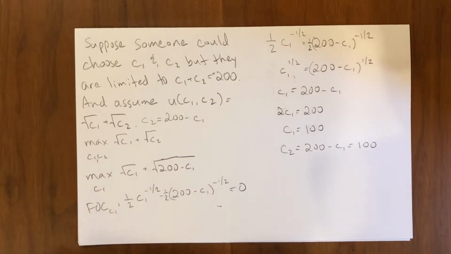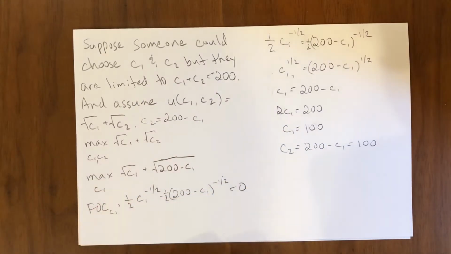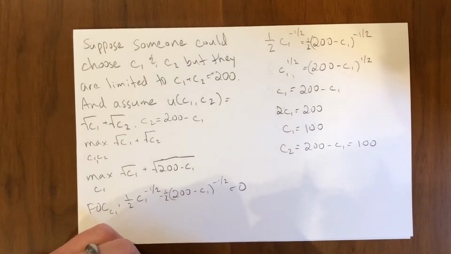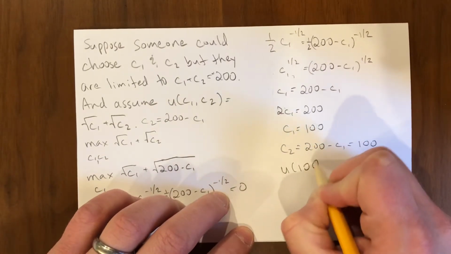So the one thing that we should double check is, hey, did we find a minimum or a maximum? Because it's not all that clear, right? Maybe having your consumption split is like the worst of all worlds. So let's just double check. There's a lot of different ways to double check. One thing you could do is look at the second derivative. I'm going to use a slightly mathematically easier way to do that. I'm just going to check the utility of 100.